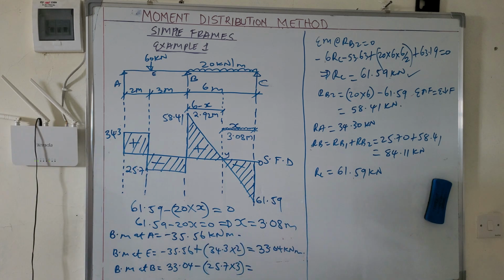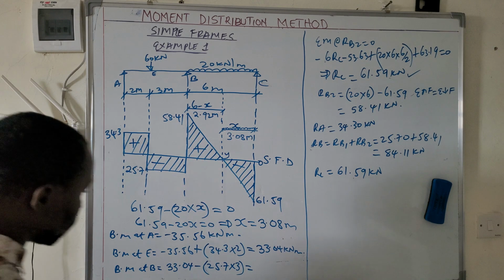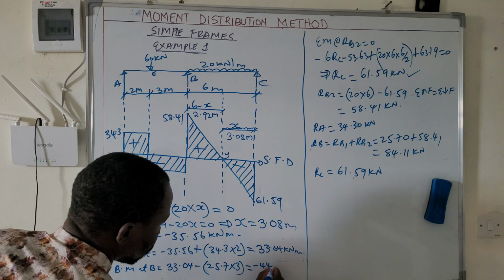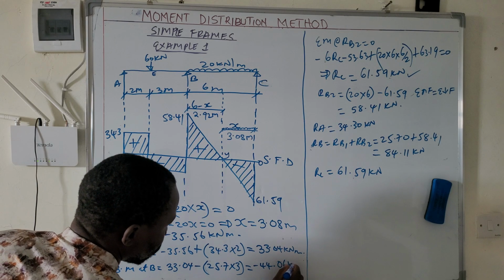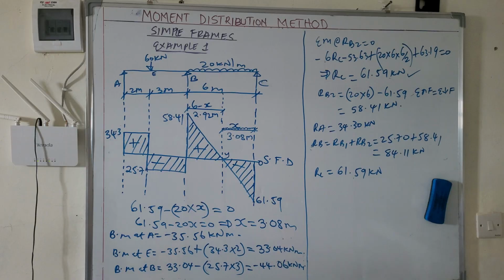So this one is equal to negative 44.06 kilonewton meter. Like that.